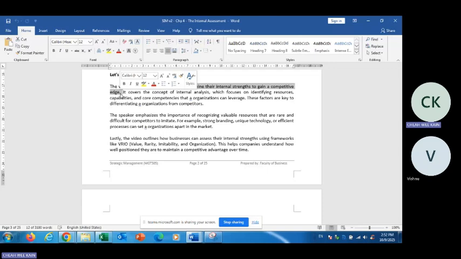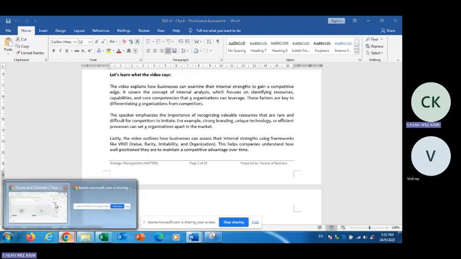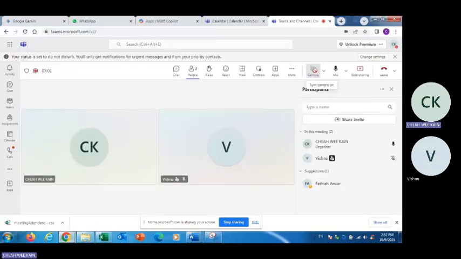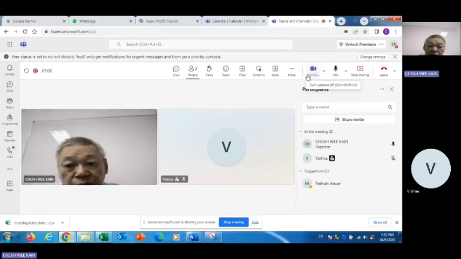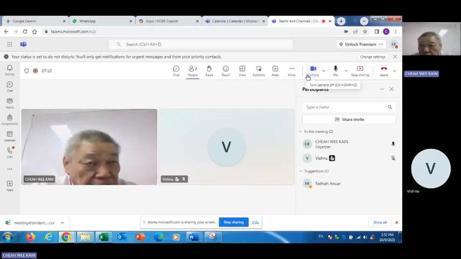So for example, let's say you are an athlete. Sorry, let me turn on my camera. So what does the athlete do? Let's say his strength is that he runs very well. His weakness is that he cannot swim so well.